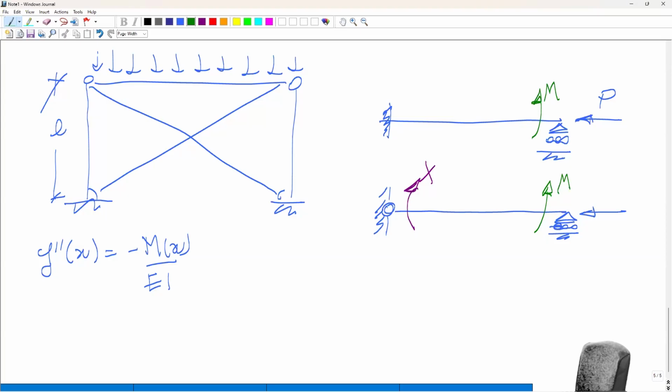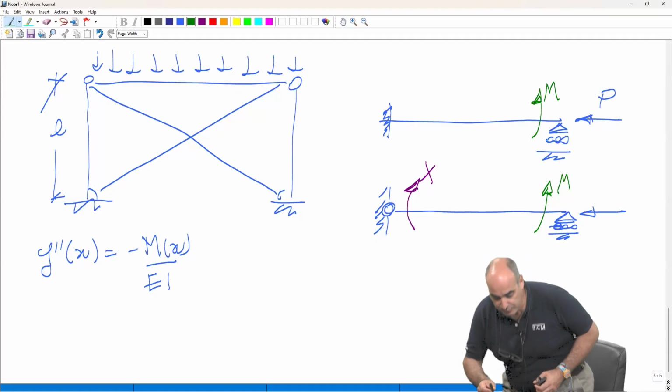This is a theorem that we always keep hidden in our mind, but it's very powerful because it guarantees the correctness, the reliability of our work. So among all the possible values that x can have, the only correct one is the one that gives you back 0 rotation at the left edge.